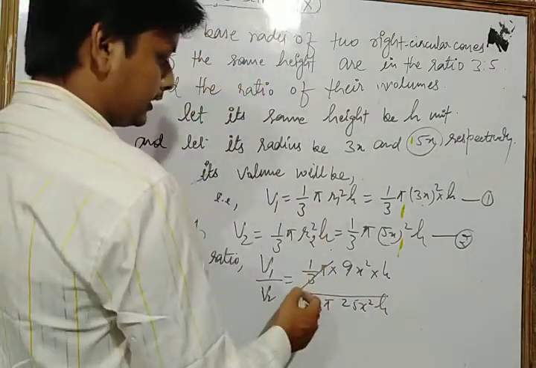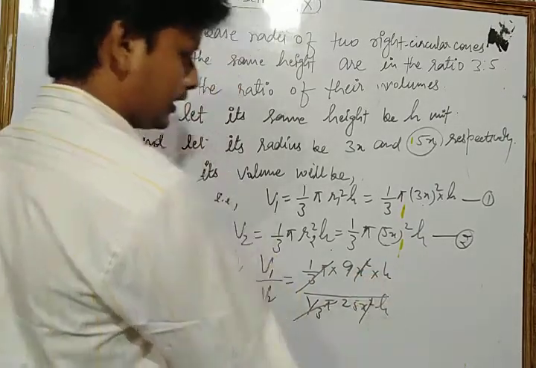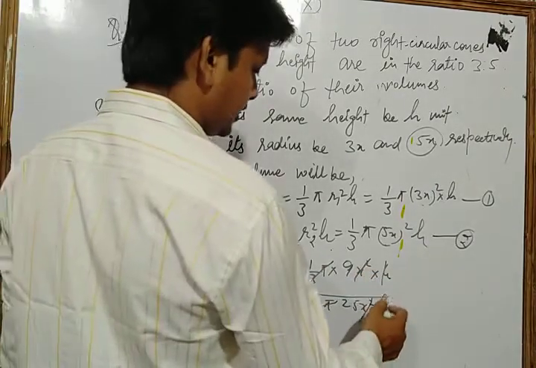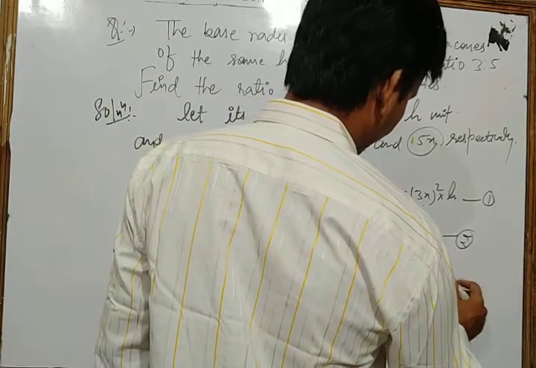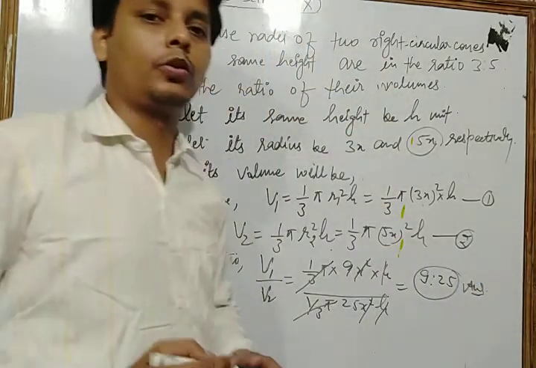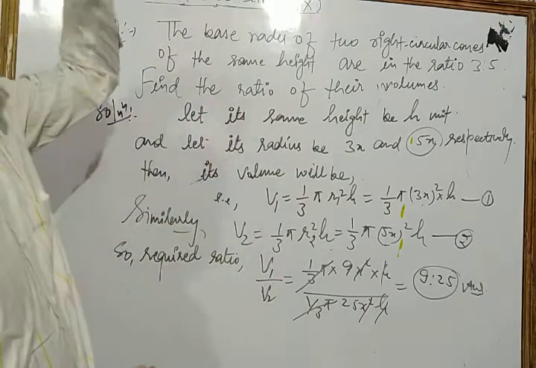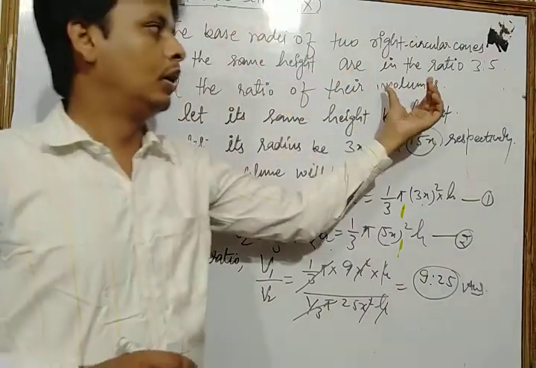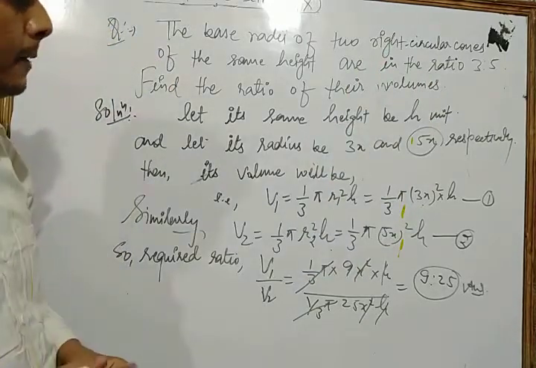So 1 by 3 pi cancel each other, x square also cancels, h cancels. So the required ratio is 9:25. This is your answer. So dear students, you can solve all the questions of your NCERT exercise based on volumes of the cone in this way.